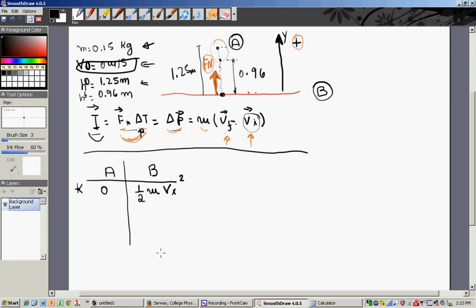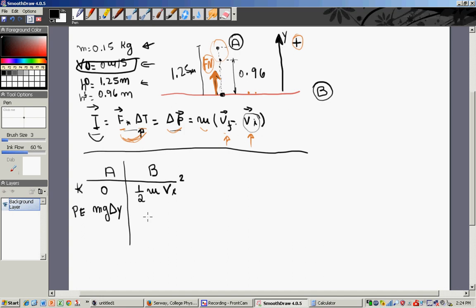Okay, very good. Now, how about gravitational potential energy, which is the other energy involved? Do I have gravitational potential energy at point A? Yes, I do. And that is given by mgh, mg times the vertical displacement of your system. So it's mg delta y, and I'm going to put a y just to emphasize that I wanted this to be in the vertical direction only.